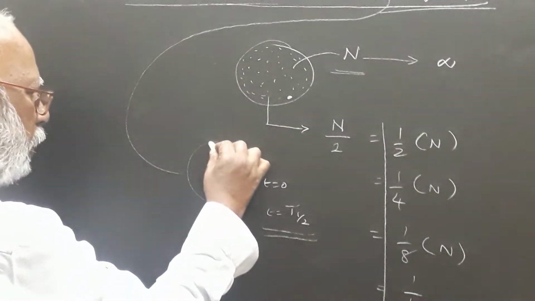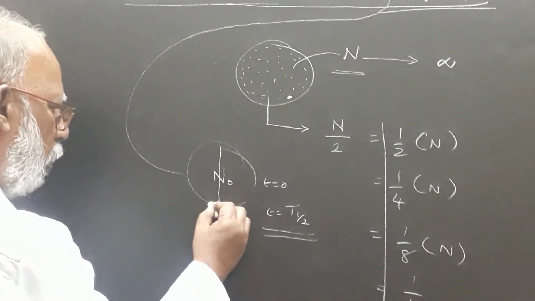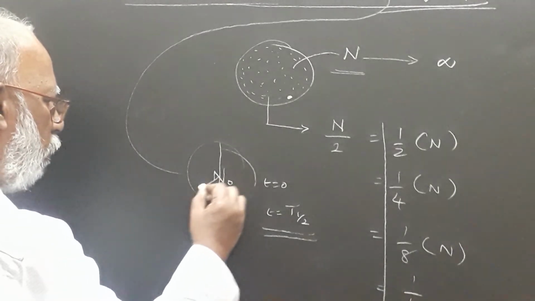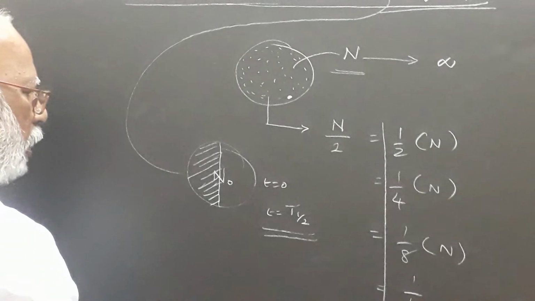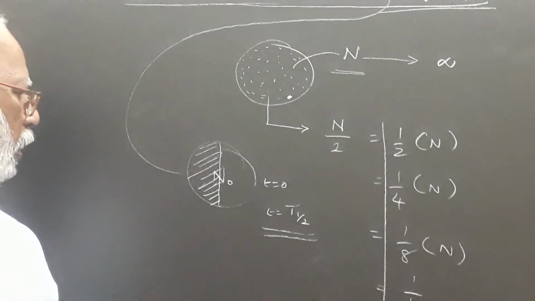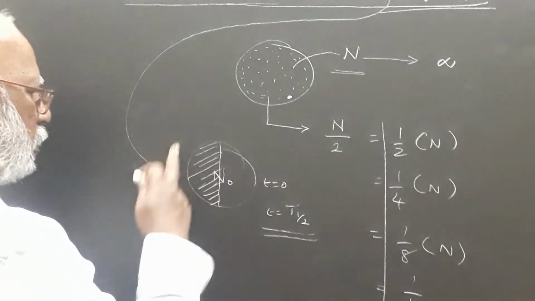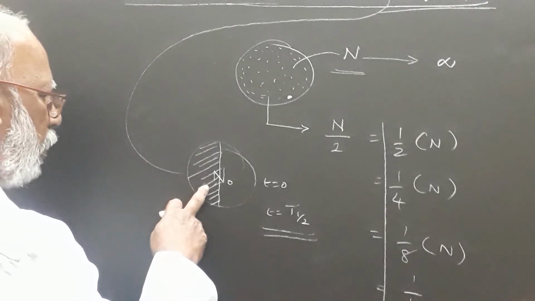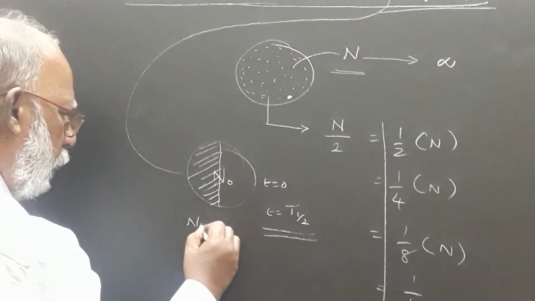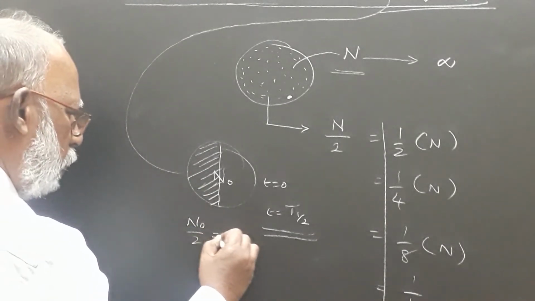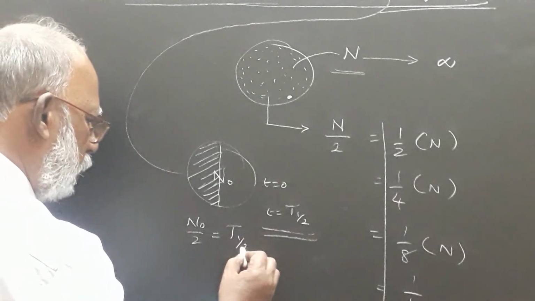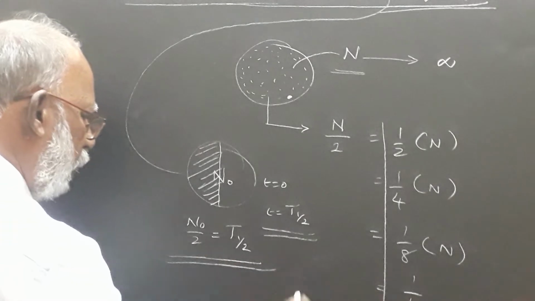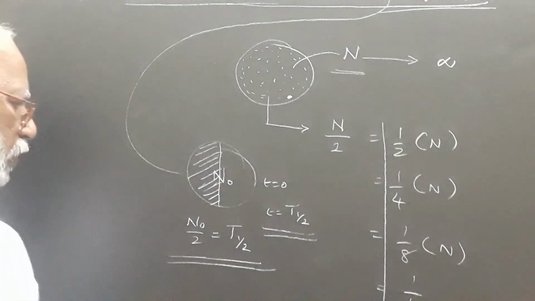That is, the decay has happened to 1 by 2 of the total atoms. The time required to reduce the total number of atoms to N naught by 2 is called T half. That is the definition.